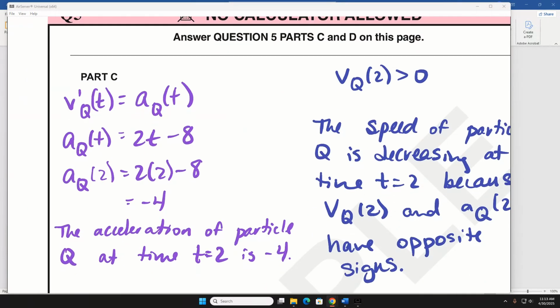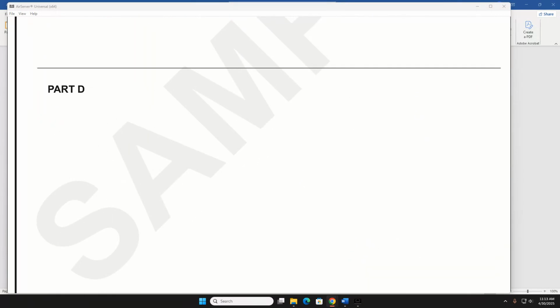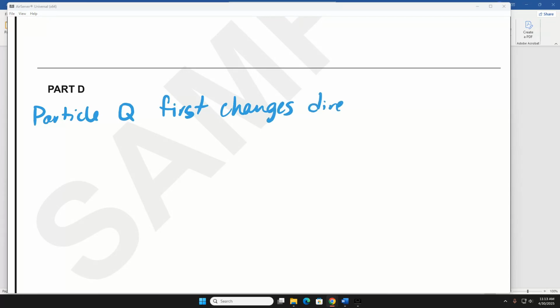All right, so I'm going to make a note of that. Particle Q first changes direction at time t equals 3.